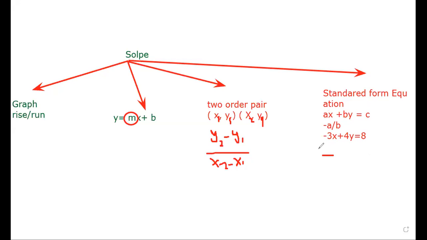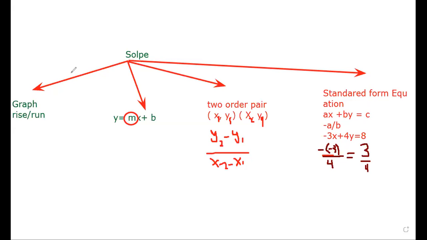And what's a here? It is negative 3. And the coefficient before y is 4. Which means the slope will be equal negative 3 over 4.